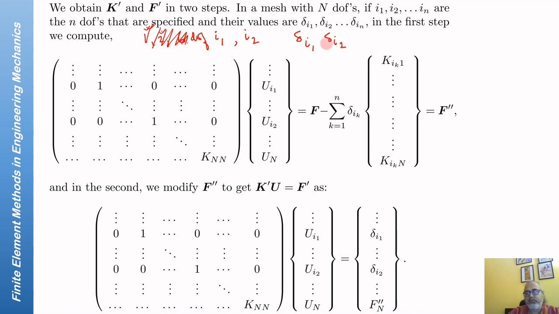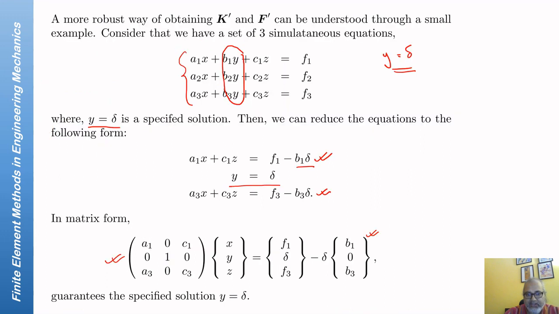So I go to the I1th column and the I1th row, and then set the entire row and entire column equal to 0 except the diagonal element, which I set as 1. I do the same to I2 and set the column to 0, the row to 0 as well, except the diagonal element, which I keep as 1. This is what I had done here. I had set this whole row as 0.